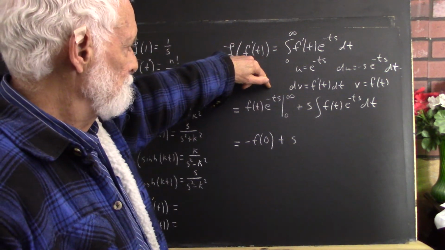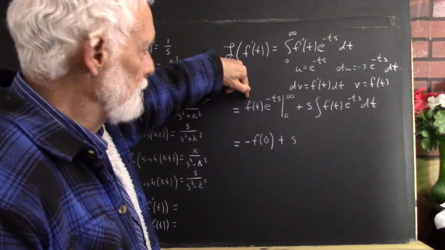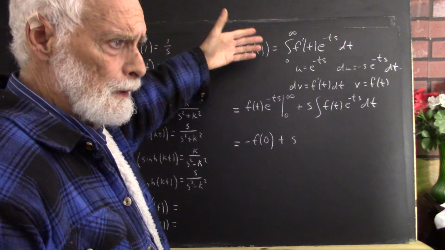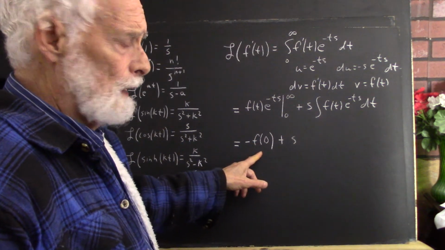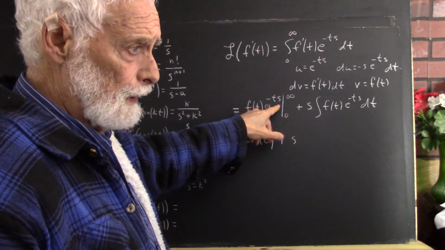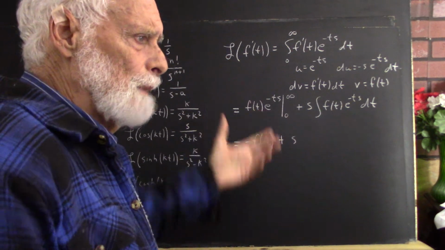And as long as that's the case, as long as f is a valid function for the Laplace transform, the limit at infinity is going to give you 0, because the e to the negative ts goes to 0 much faster than f of t. It might go to infinity.